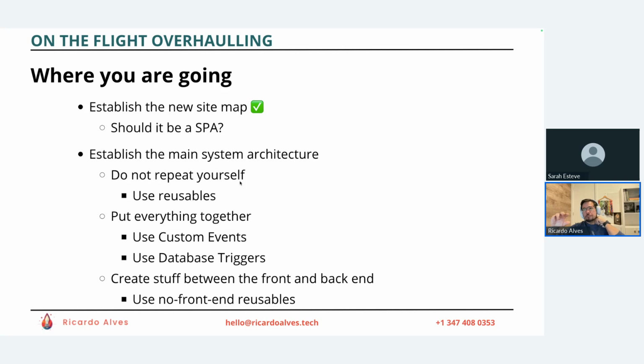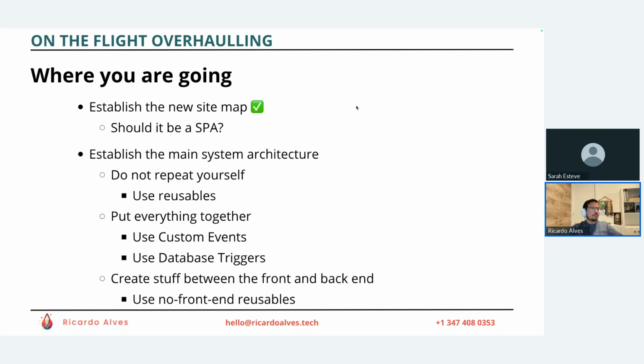Try to think broader and understand how that reusable can be reused, and also consider that reusable to be a standalone piece of software, of code. So the reusable should contain itself, should not refer.